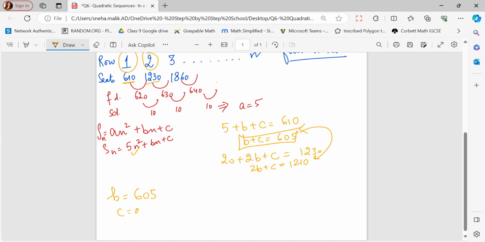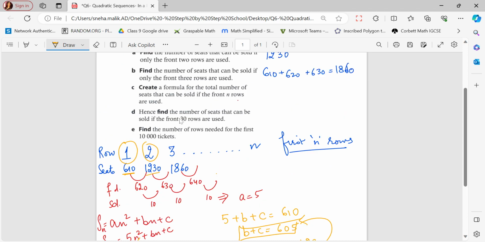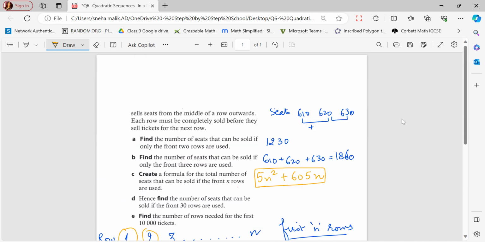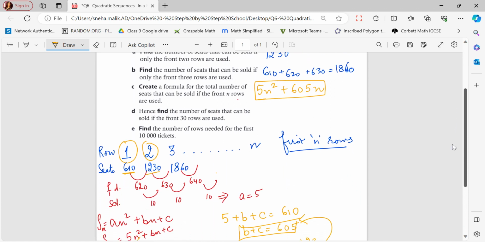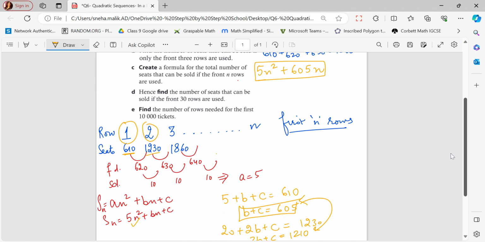So the formula is 5n square plus 605n. This is a quadratic sequence. Row-wise it was a linear sequence, but if I take the sum of the terms simultaneously, that is a quadratic sequence.